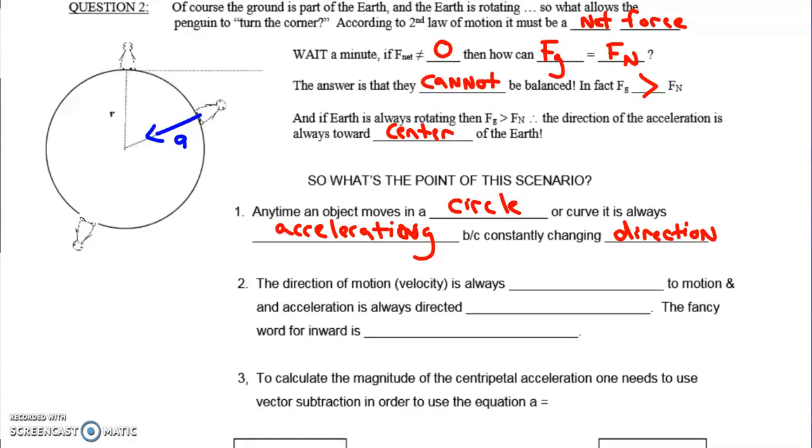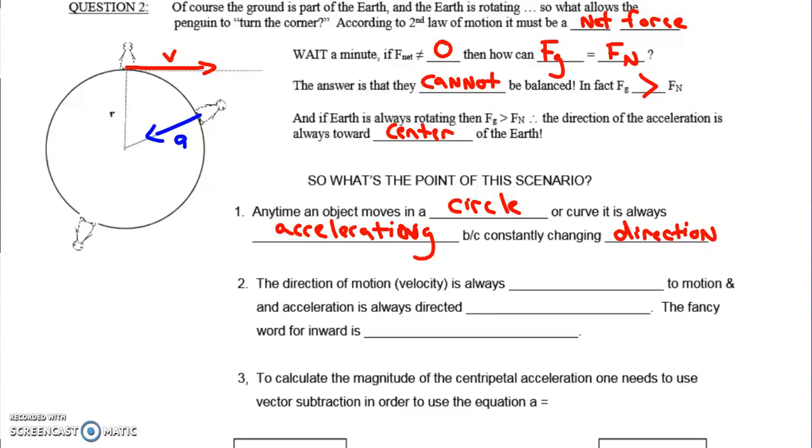and that is by definition an acceleration. And then the direction of the motion is always off on a tangent, meaning that if for some reason the Earth stopped spinning and the penguin was on it, the penguin would go off with a velocity vector in that direction at that moment.